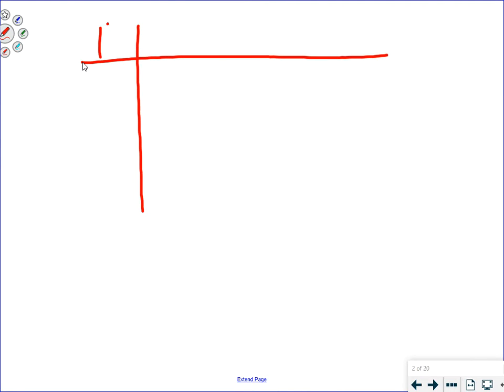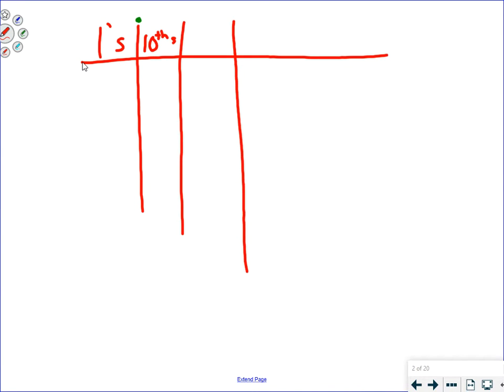So I'm going to have ones, and then decimal point again, and then tenths, hundredths, and then thousandths. We don't need to know that one right now.